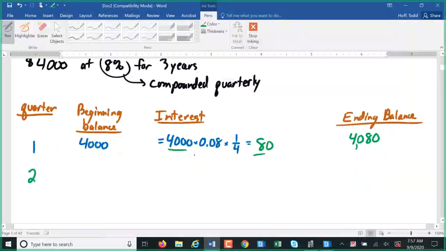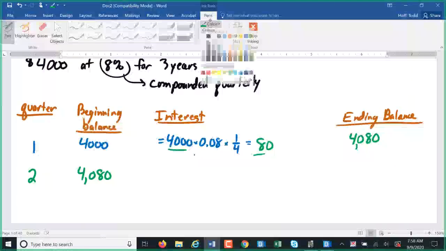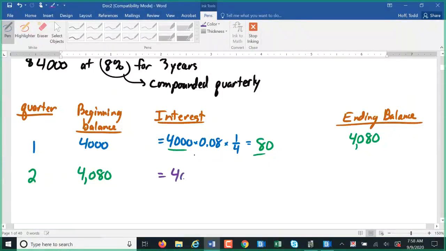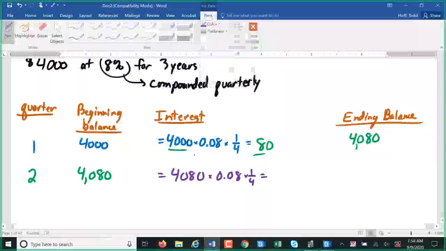When we start quarter 2, that $4,080 that we ended quarter 1 with becomes our beginning balance. So our interest is $4,080 times 0.08 times 1/4, giving us $81.60 as our interest.